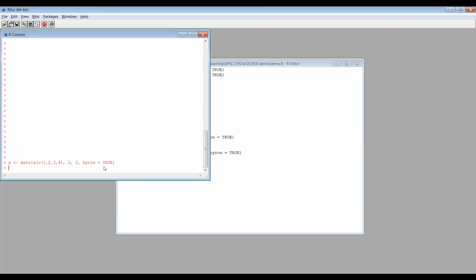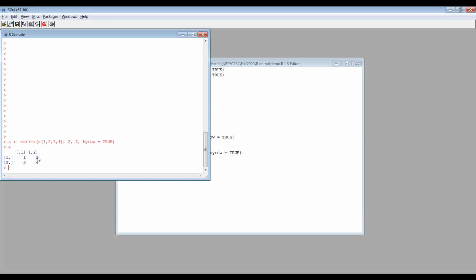By row equals true here means these four numbers will be put in this order, filling up the first row and then the second row. If you look into this matrix, A is like this: the first row is 1 and 2.